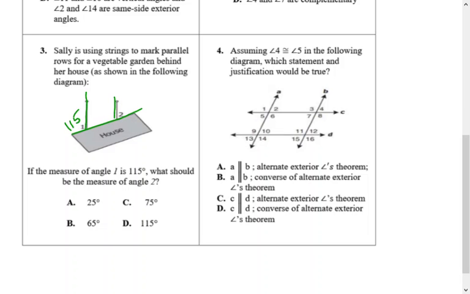So we have to figure out what's the relationship between 1 and 2. They would be same side, and they're both exterior. What we know about same side exterior is that they add to 180. So if we start with 115, we would have to add 65 to it to get to 180.